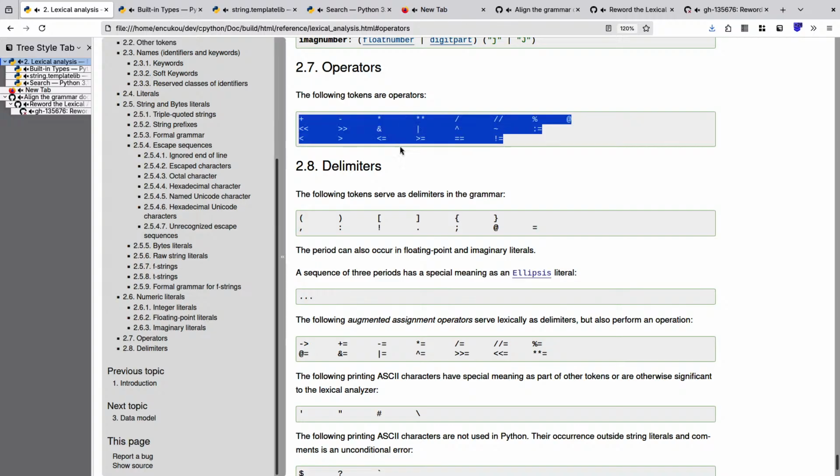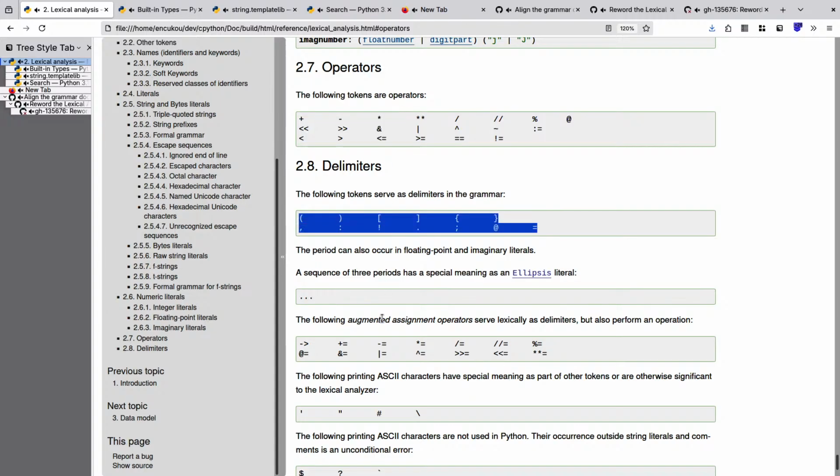I think that's what operators are, and you use delimiters in other ways. And of course, assignment operators have a left side and a right side. An arrow is not an augmented assignment operator. That's a delimiter. Yeah.